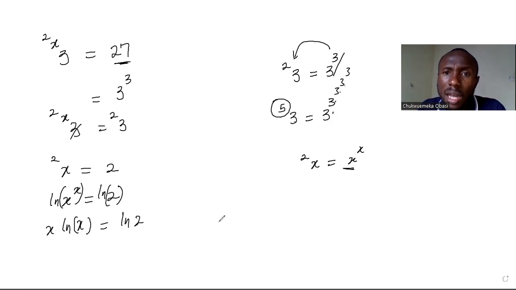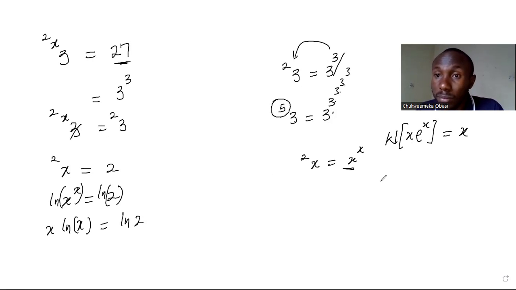All right, I want us to think of the Lambert W function, or we call it the product log function. So it says that if you have the Lambert W function of x exponent x, the whole result is going to be x. Really simple.